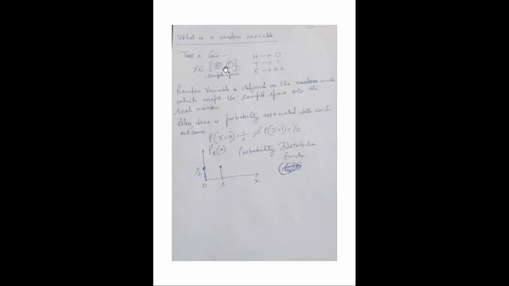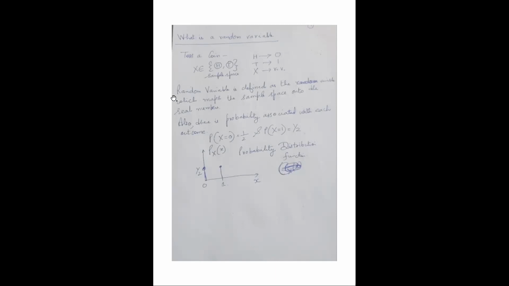Now this is my sample space. Defining the sample space by elements like head and tail, these are not real numbers. But we have to map this sample space using a random variable x to real numbers. So that will be my random variable.